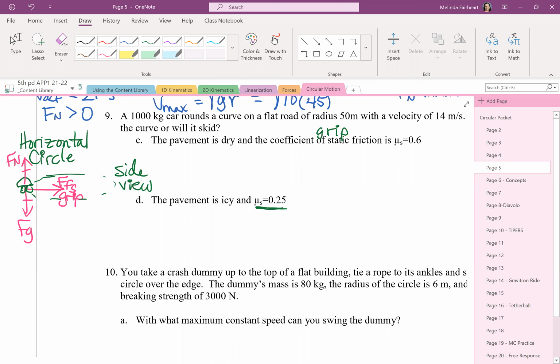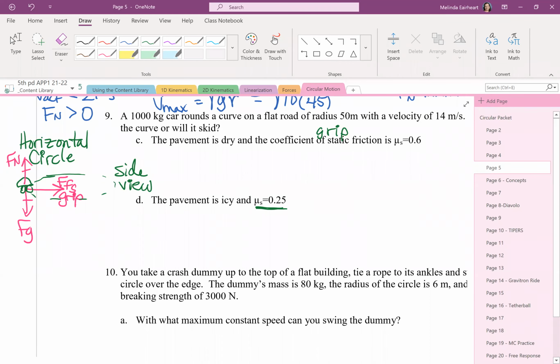And so, FNet statement, by the way, it's the same diagram, whether there's ice on the road or not. Ice can still have some grip, right? 0.25 is still something. Okay, same diagram, same FNet statement. All we're going to change is that coefficient of friction.